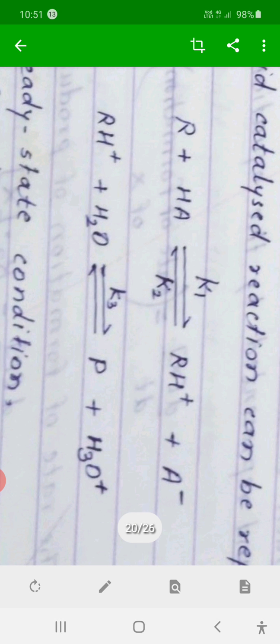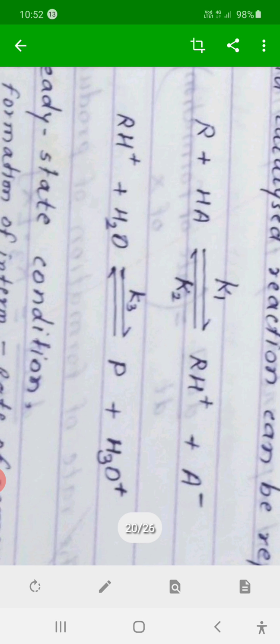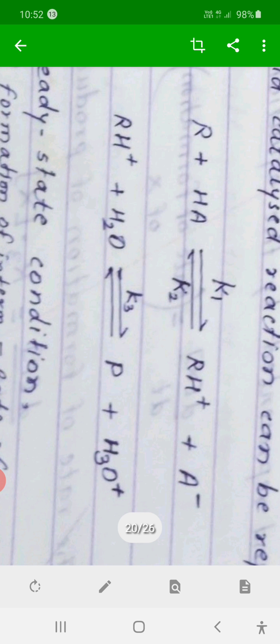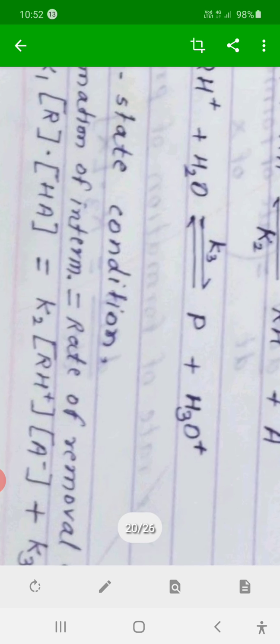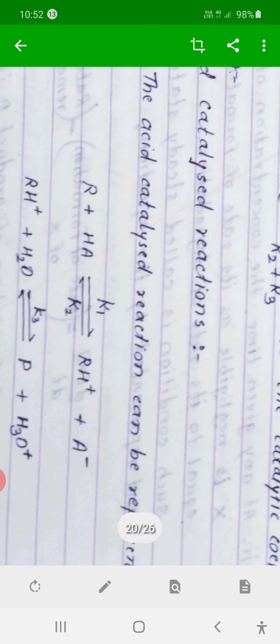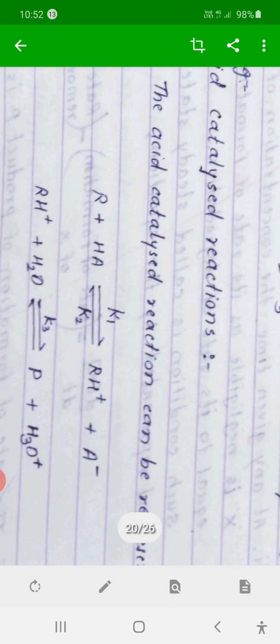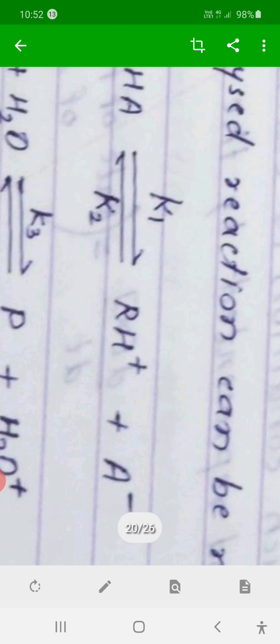Then that intermediate RH plus in the next step is converted into product by reacting with water. The concentration of water is in excess. Therefore, that RH in the next step is converted into product. By applying the steady state approximation, here the intermediate, instead of X, is RH.